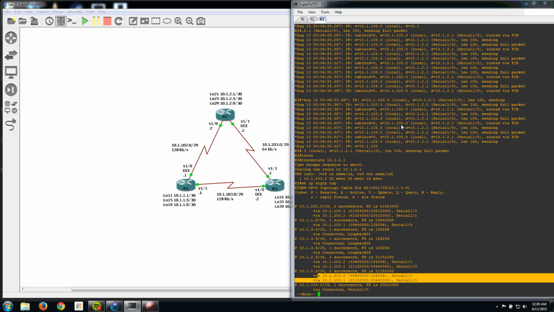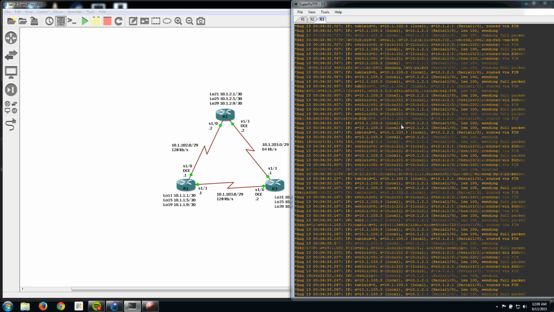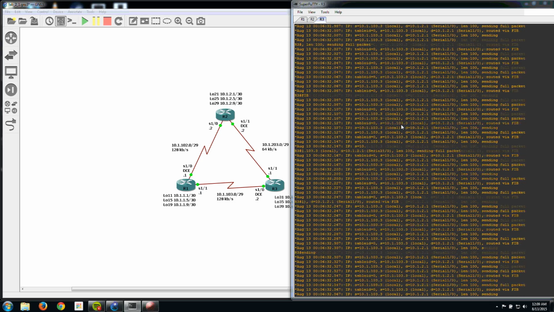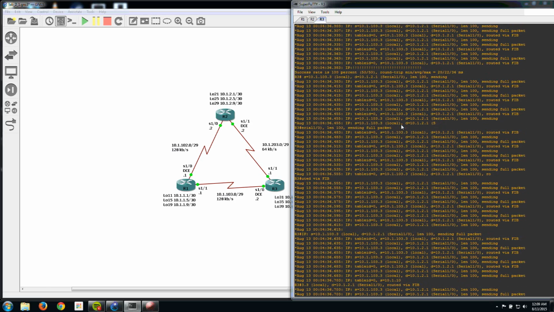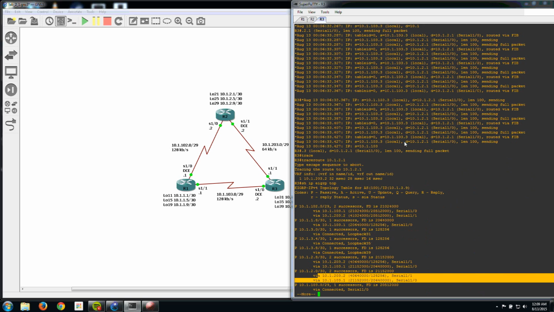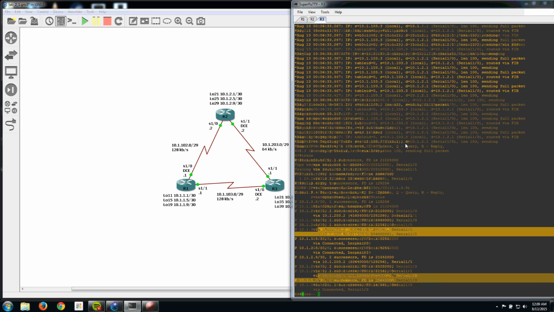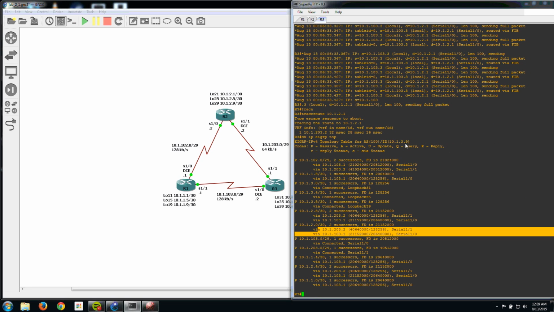Let's do that from router 3. Let's see the one I went to, 10.1.2.1.